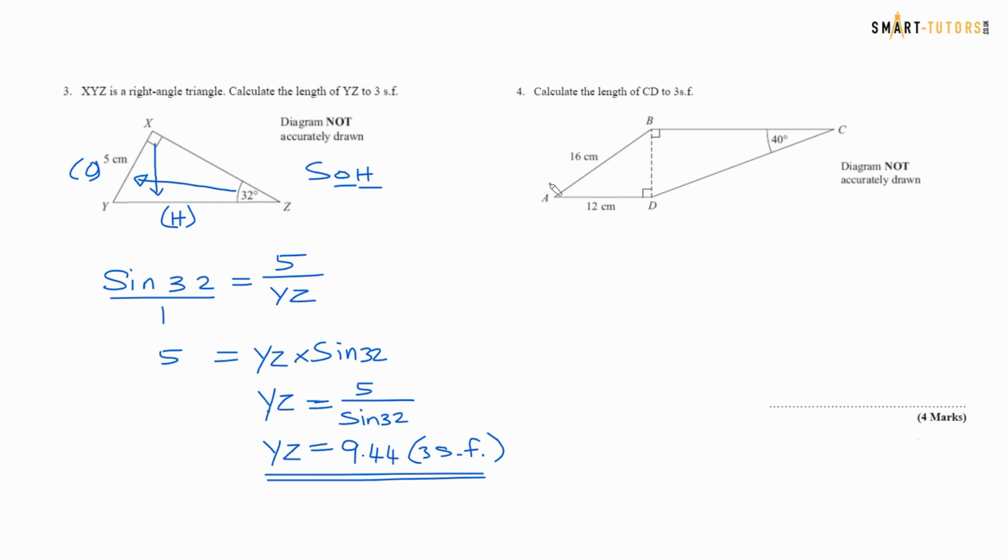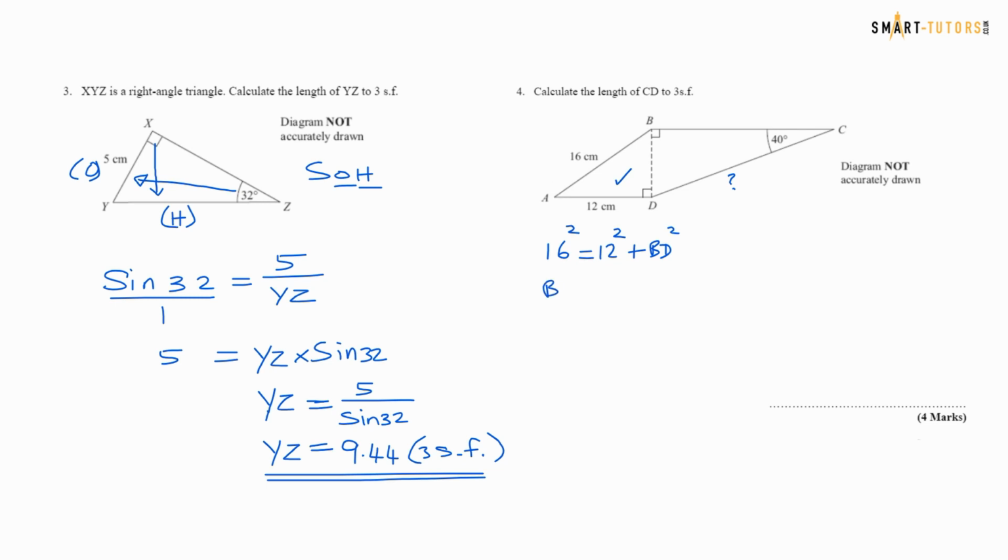Question number 4, the diagram is given. Calculate the length of CD. This is the length we need to find out. Before we find CD, if you look at this triangle, we can find BD using the Pythagoras theorem. 16 squared equals 12 squared plus BD squared.